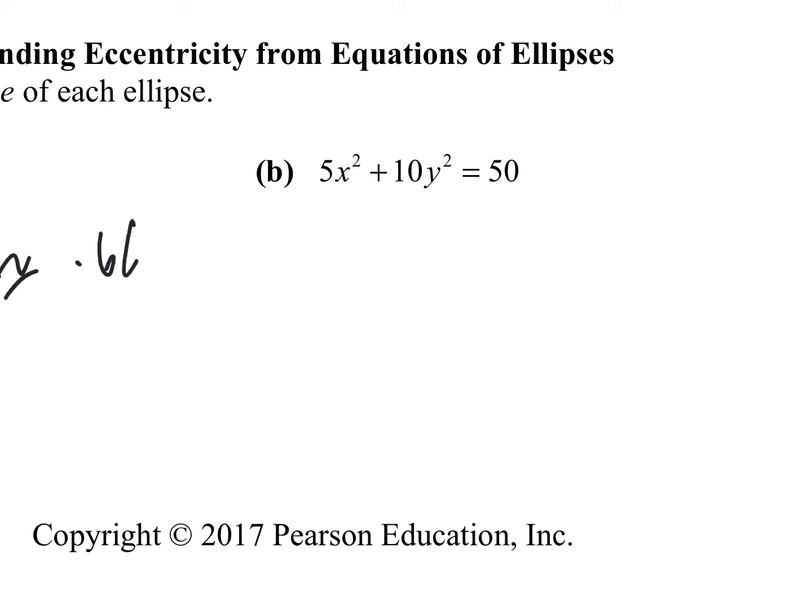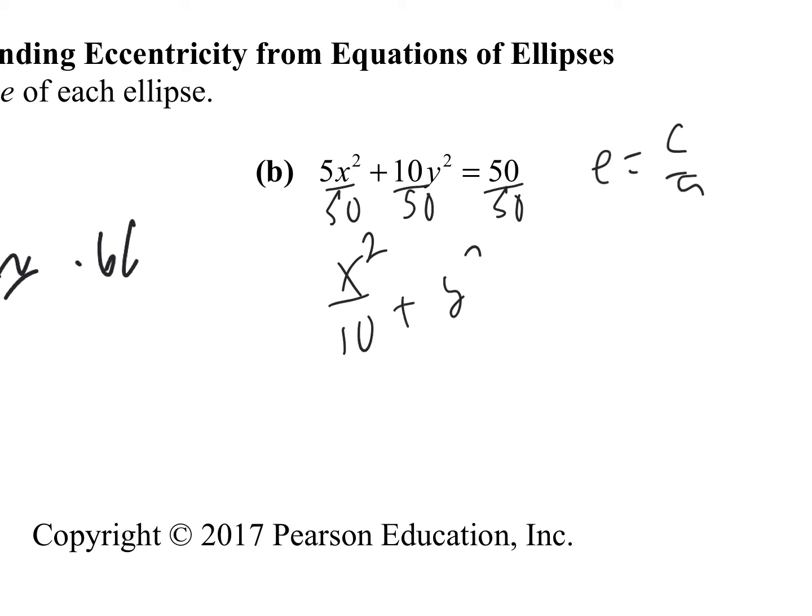All right, this one, he's tricking me. So I can't find C or A. So E is C over A, but I don't know what this is. I've got to do some work. Divide by 50, divide by 50, divide by 50. X squared over 10 plus Y squared over 5 equals 1.